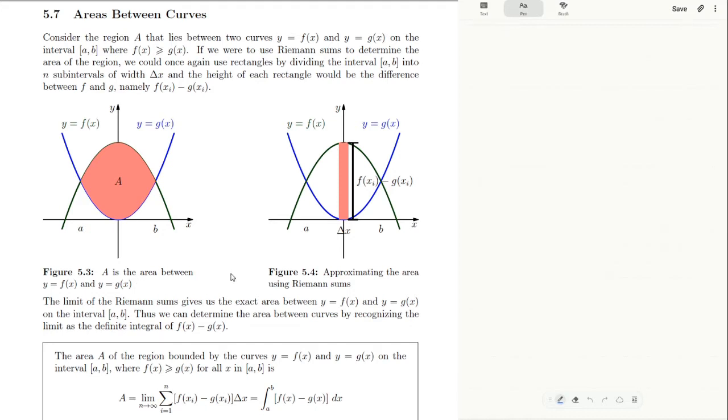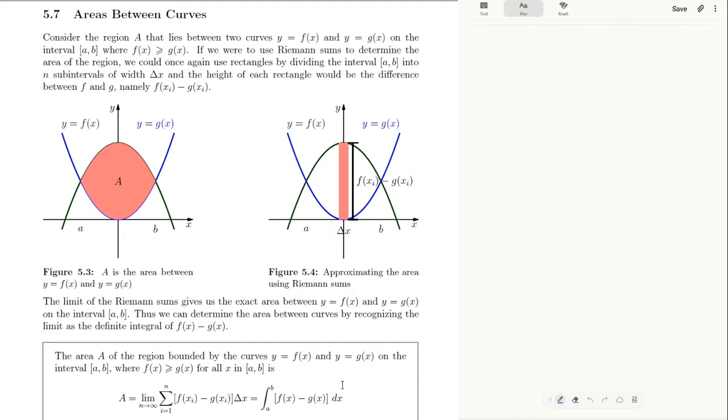Now we can recognize this limit of Riemann sums as the definite integral of f of x minus g of x. And so the area that's bounded between the two curves, y equals f of x and g of x, where f of x is greater than or equal to g of x for all x in our interval, is given by this Riemann sum, and this can be written as a definite integral from a to b of f of x minus g of x.